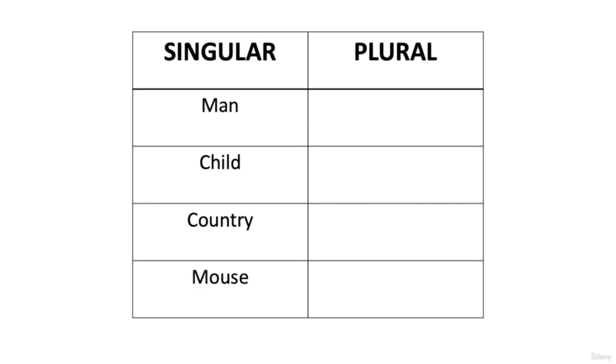Some countable nouns become plurals in other ways. By this, I mean you don't add an S. They are called irregular plural nouns. Here are some examples. The plural of man is men. The plural of child is children.